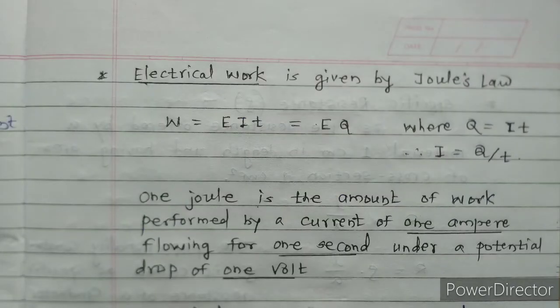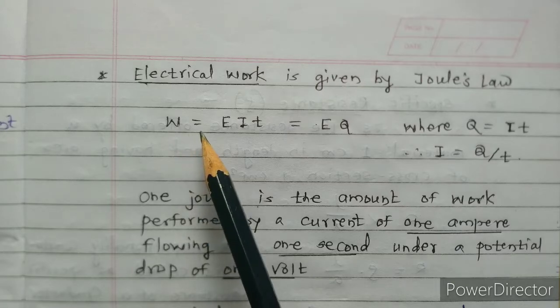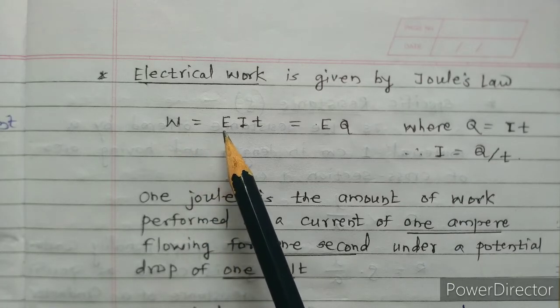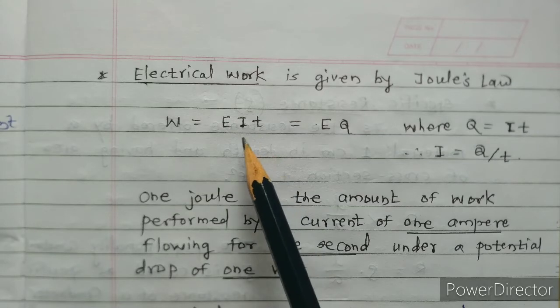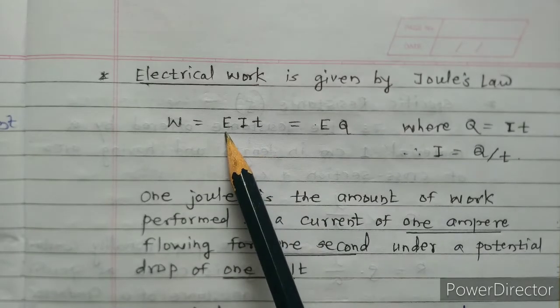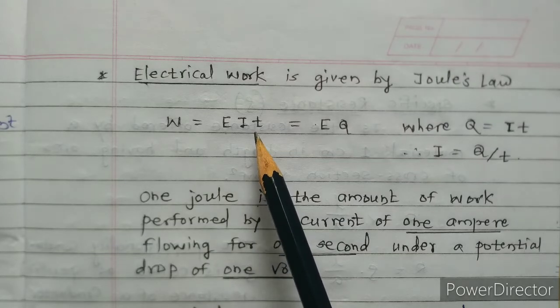After Ohm's law, we have Joule's law to express the electrical work. According to Joule's law, W, that is electrical work, equals E into I into T, where E is EMF, I is current and T is time.